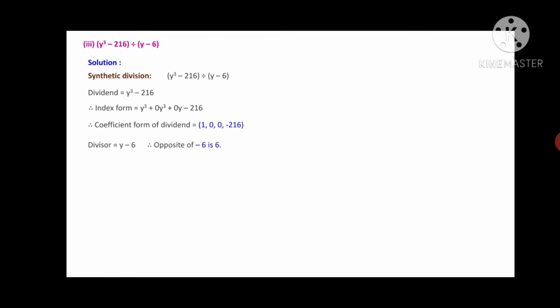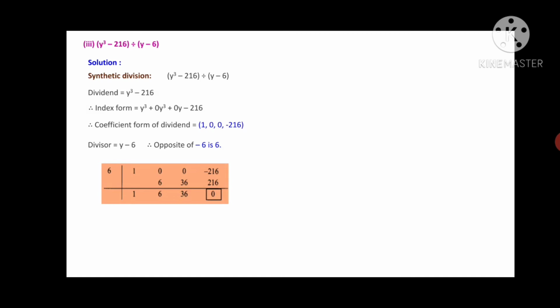The divisor is y minus 6. The opposite of minus 6 is 6. Therefore, it is written in the first row as 1, 0, 0, minus 216, with 6 as the divisor at the left side of the first row. So 1 as it is, 6 1s are 6, so 0 plus 6 is 6, 6 6s are 36, 0 plus 36 is 36, and 36 into 6 gives 216.